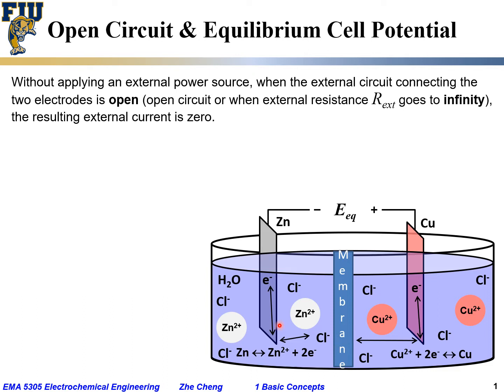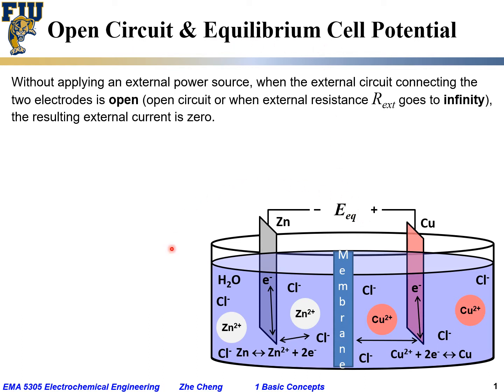Okay, and we also talked about the transition between electronic conduction in the electrode and the ionic conduction in the electrolyte. Now we are going to introduce additional concepts, including open circuit and the equilibrium cell potential.